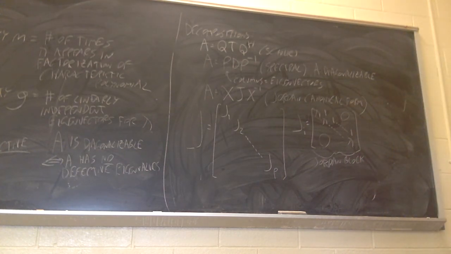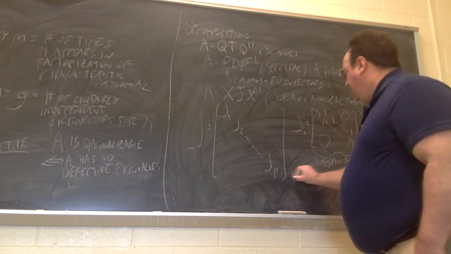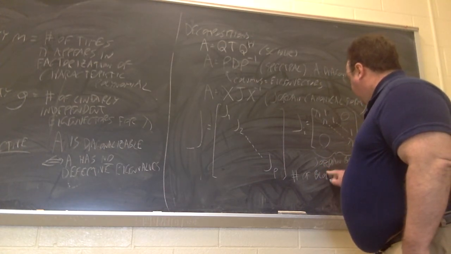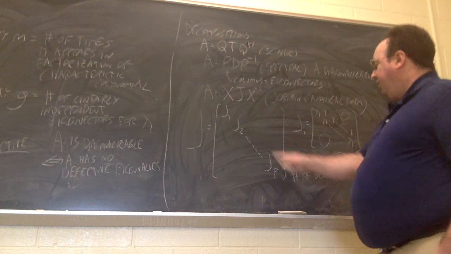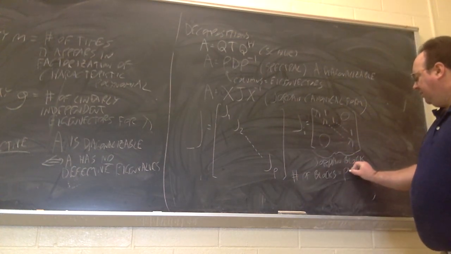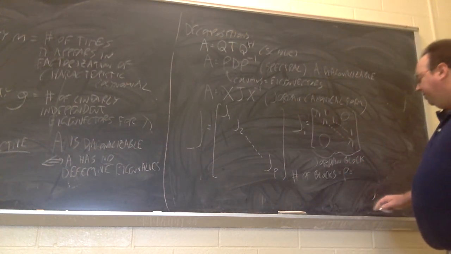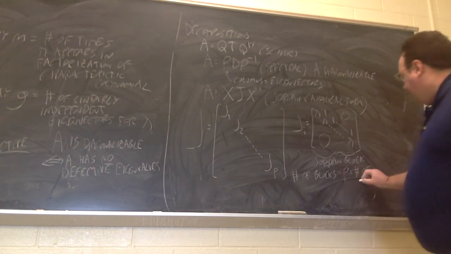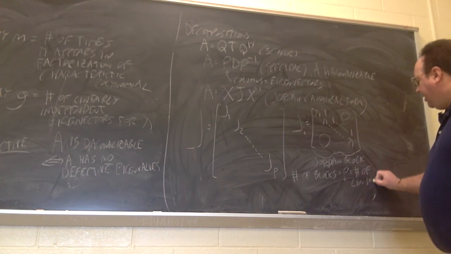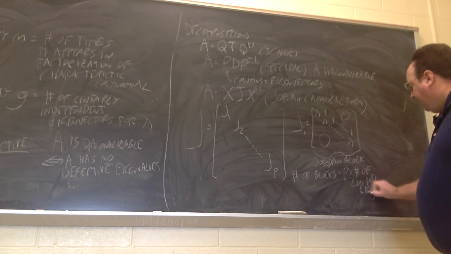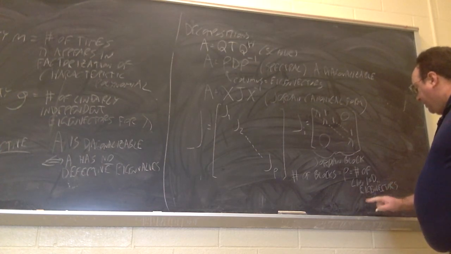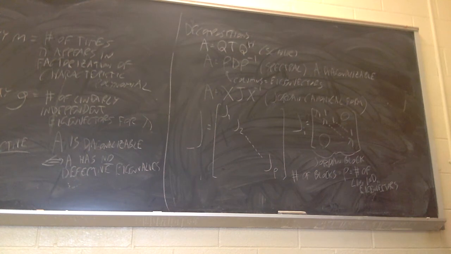Now, the number of blocks that you have is equal to the number of linearly independent eigenvectors that A has in total.